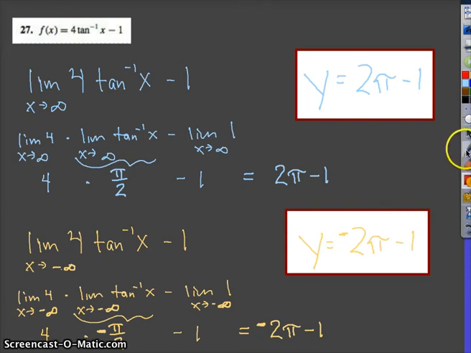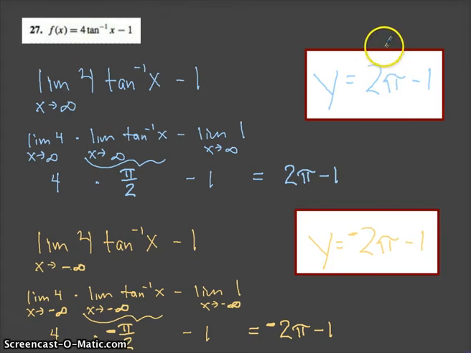By the way, 2 pi is like 6.28 minus 1, so this is about 5.28. And this is negative 6.28 minus 1, so this is going to be something like y equals negative 7.28.